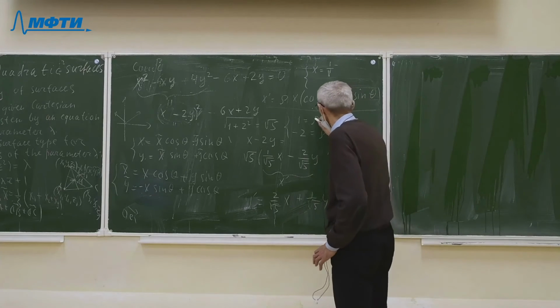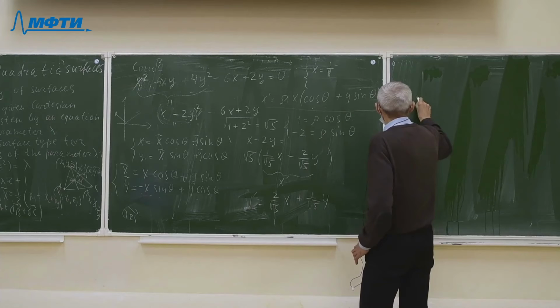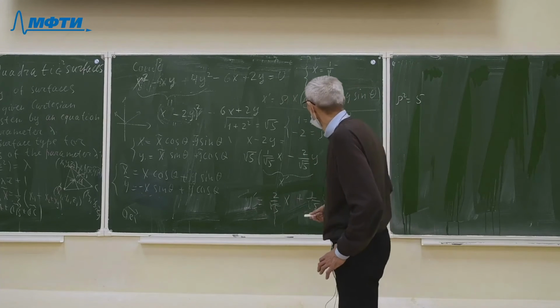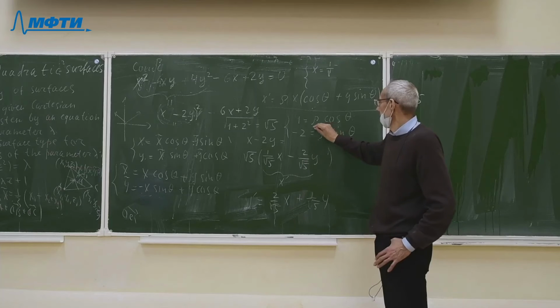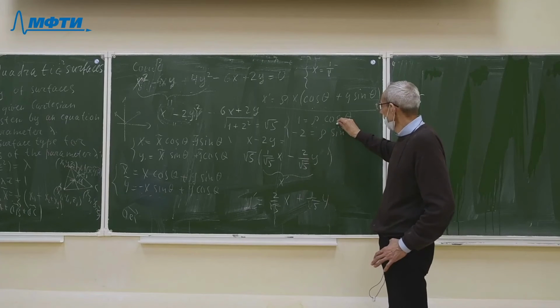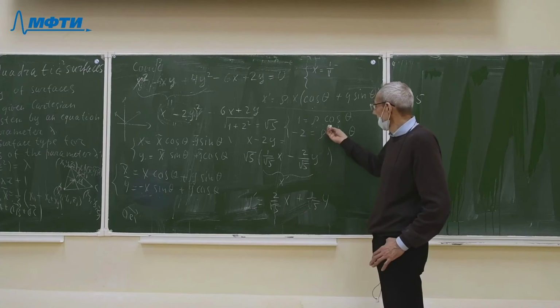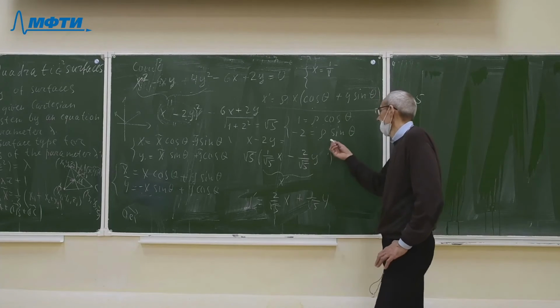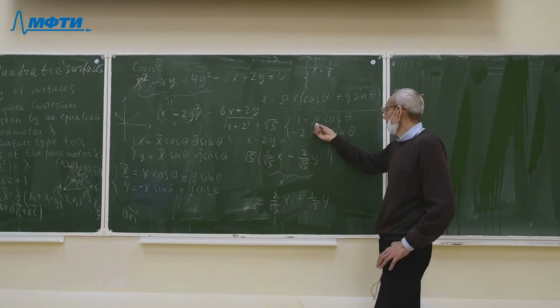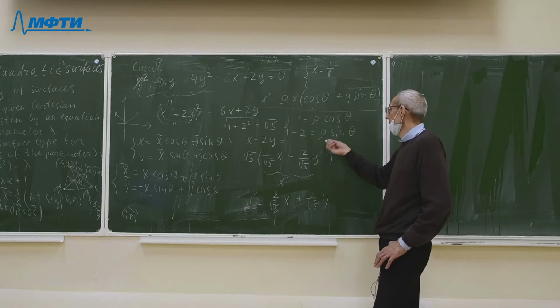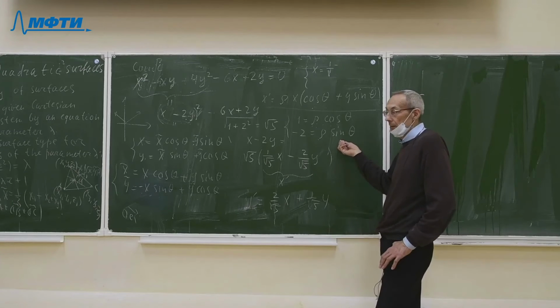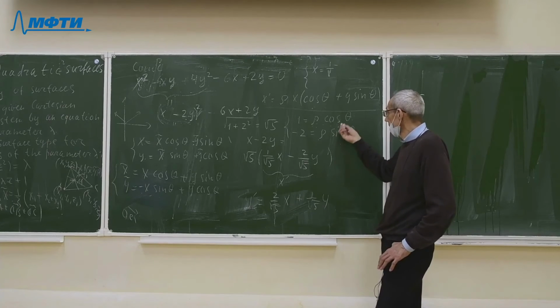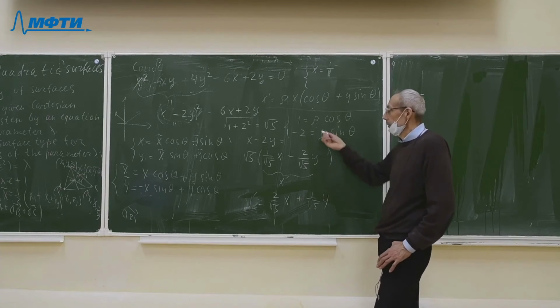It is easy to see that rho squared is equal to 5. I consider the squares of the right sides of the first and second formulas: rho squared cosine squared plus rho squared sine squared. Cosine squared plus sine squared is equal to 1, and the sum of these squares is rho squared.